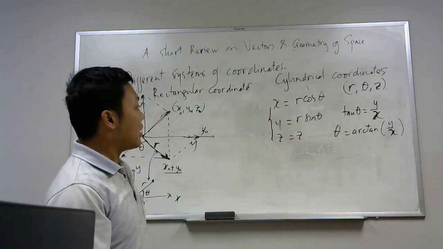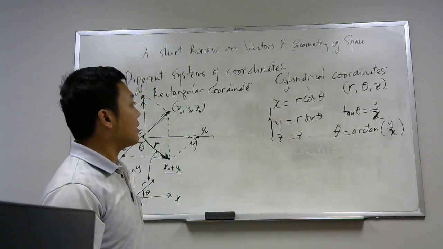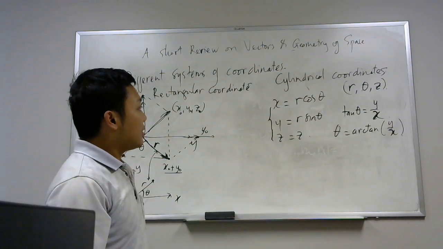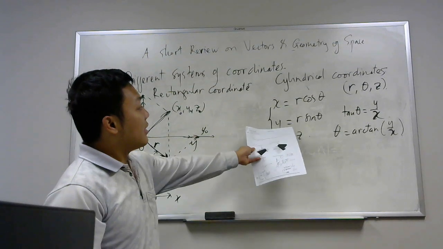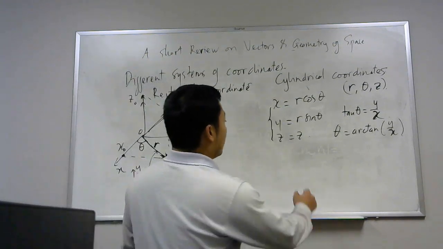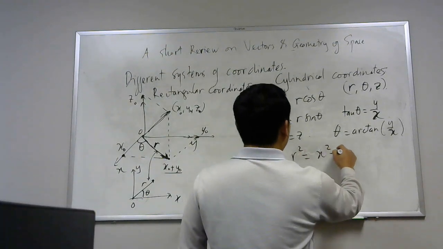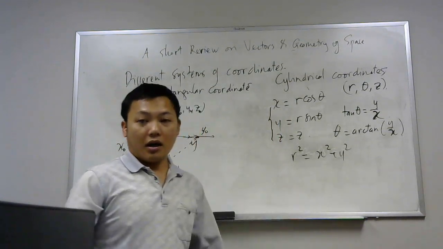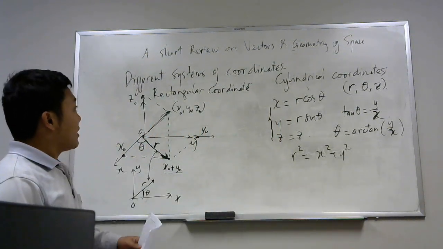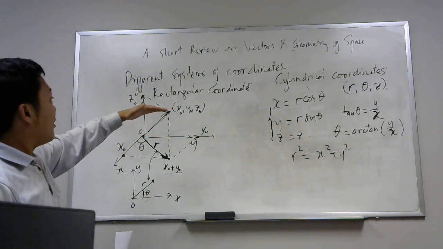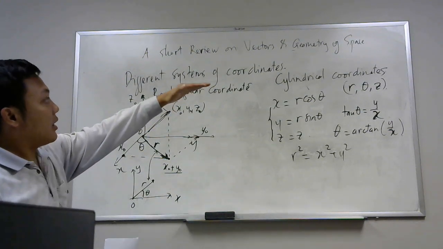You just plug y and x in to get theta. And from these two equations, r squared equals x squared plus y squared, so r is the square root of x squared plus y squared. So these are two systems of coordinates, rectangular and cylindrical.